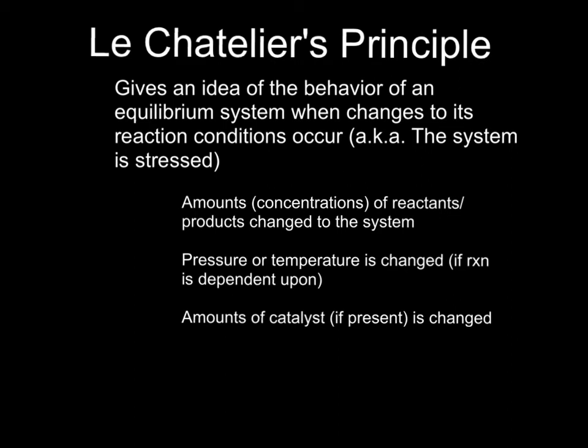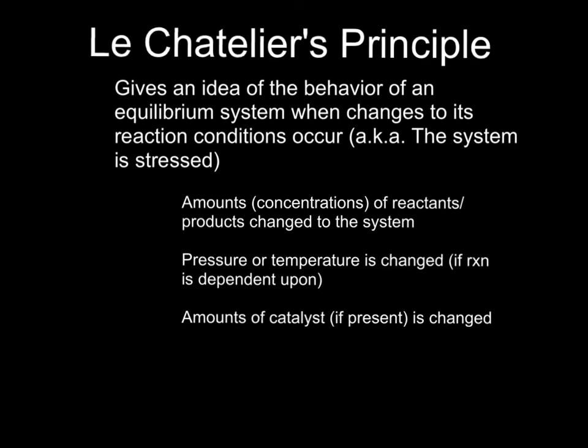The amount of catalyst, if a catalyst is present, can also be changed and considered a stressor to a reaction. A catalyst is what makes a reaction move forward, having the reactants produce the products. So if we increase the amount of a catalyst, presumably the rate at which the reaction moves forward will be shifted, and everything shifts to accommodate that.